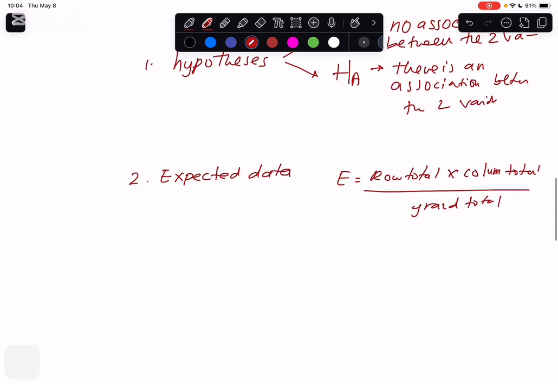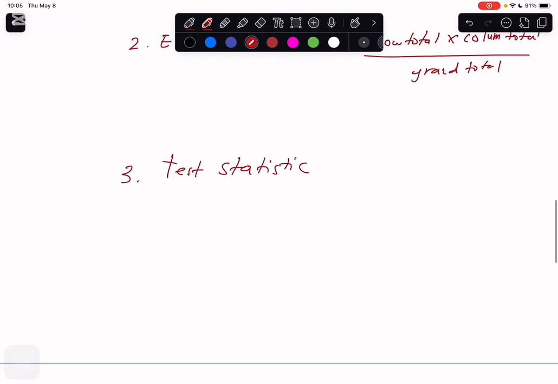Okay, and then the third step is now you're gonna use the test statistic. Okay, and then you're gonna get this value, which is also the x calculated. And I say x calculated ما أدري انتوا شو تبون تقولون.